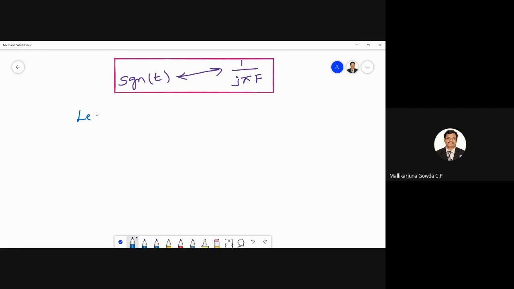Let us now use the duality property. Are you aware of this rule or not? Have you heard about the duality property of the Fourier transform?